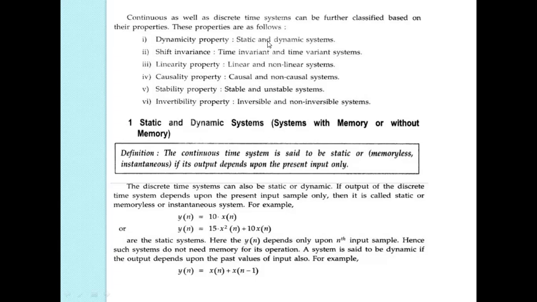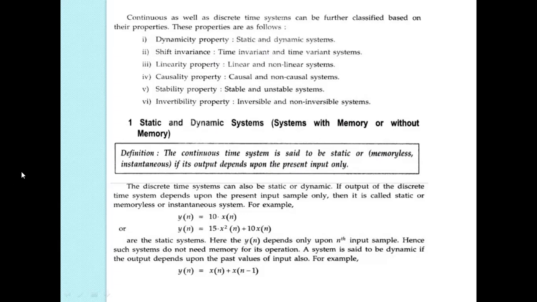First, take the dynamicity property, that is, static and dynamic systems: systems with memory or without memory. The definition is: a continuous time system is said to be static, or memoryless, or instantaneous, if its output depends upon the present input only.